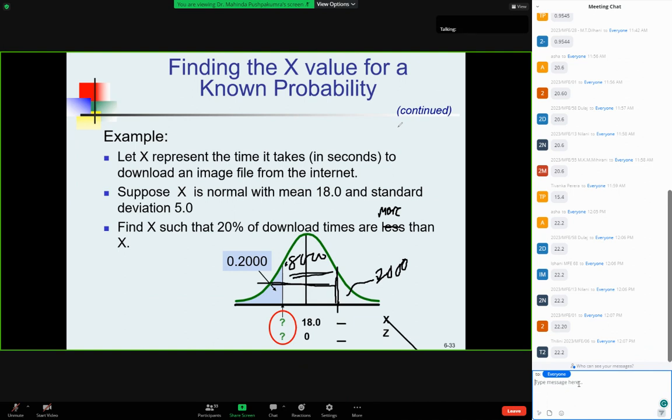Yes, most of them say that 22.2. Then you can check whether you can get the same answer.